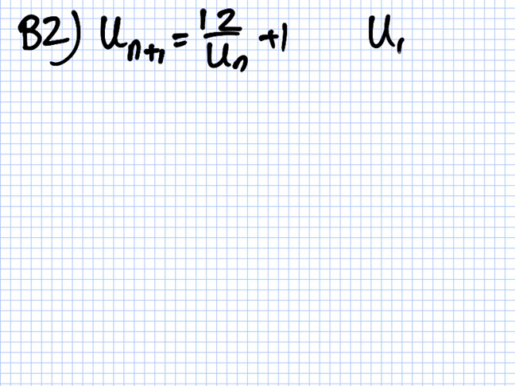B2. So we have U n plus 1 is 12 over Un plus 1, U1 equals 5.